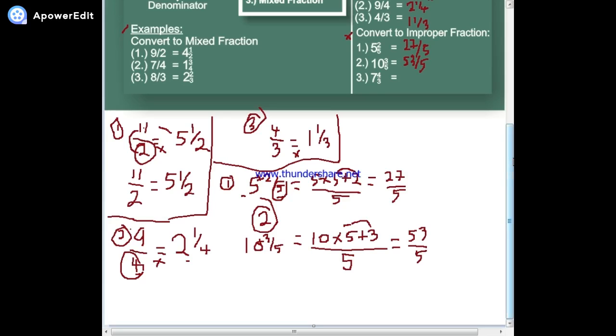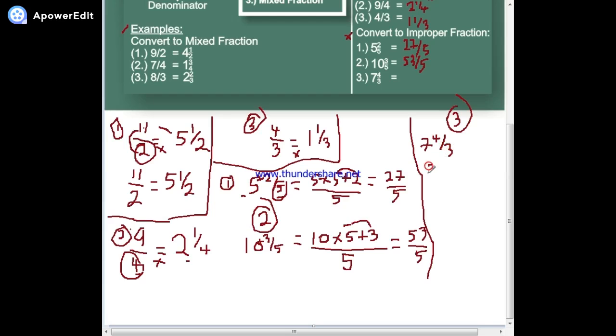So what are we going to do to that? That is question 3, which is 7 whole number 4 over 3. So how are we going to solve this?